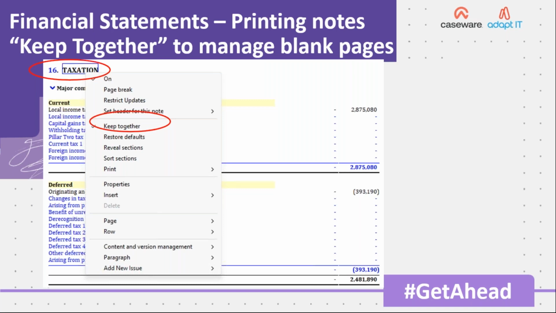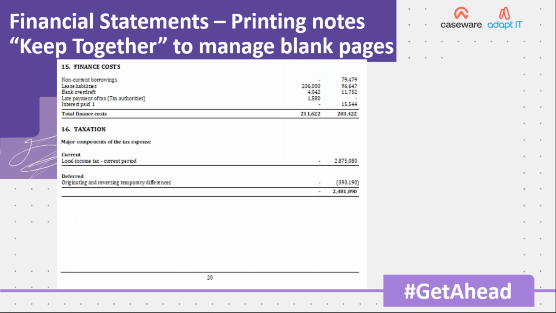If you deselect the keep together, a page break can be inserted anywhere between the different sections if required. So if we deselect the keep together, what will happen? Note 16 will then move to page 20.